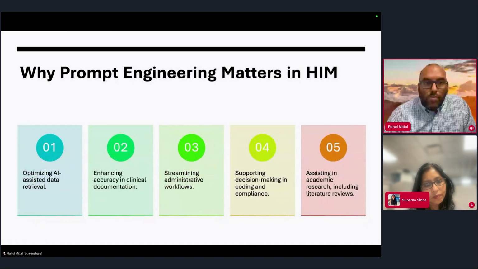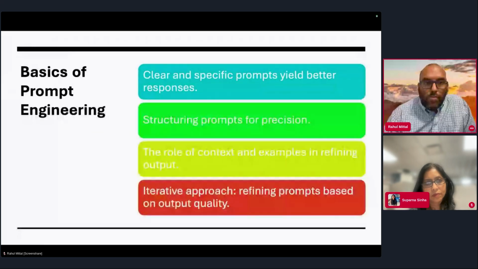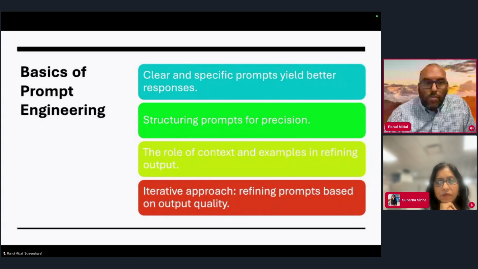Prompt engineering is both an art and a science. It involves crafting clear, precise instructions to direct an AI model towards producing the most useful output. In this slide, I've given you just four of the basics of prompt engineering, but it's important to remember that AI is only as good as the instructions it receives. A vague or poorly worded prompt can lead to misleading or incomplete information.